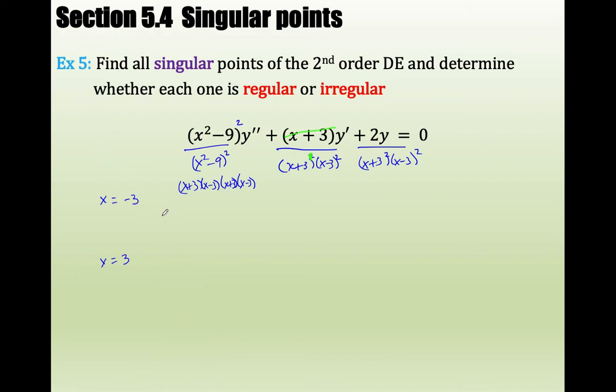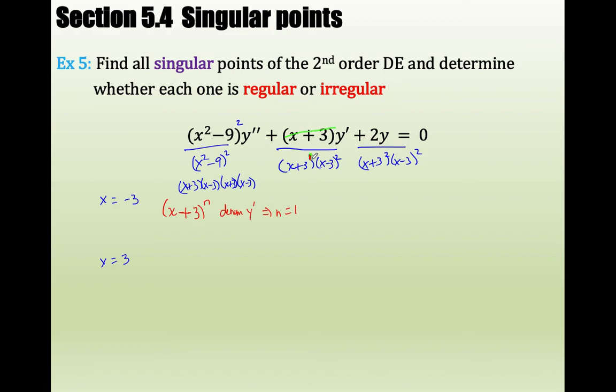For x minus 3, when I look at the power of x minus the singularity, how many times does it show up in the denominator of my y prime? What is n? n is equal to 1, right?